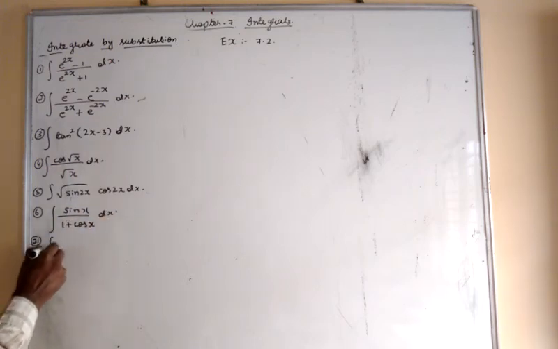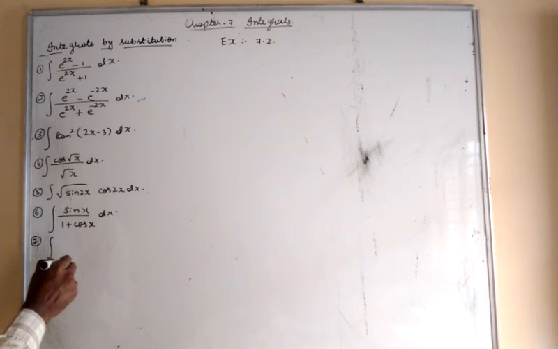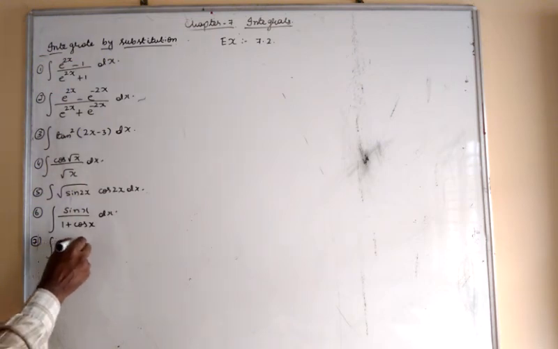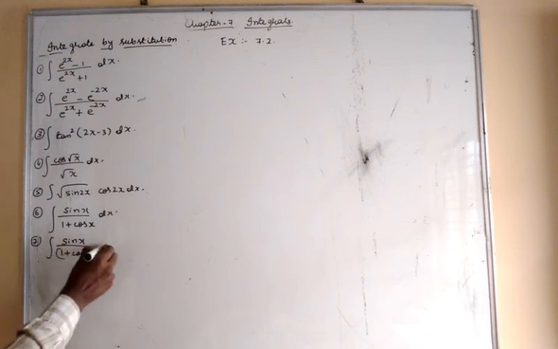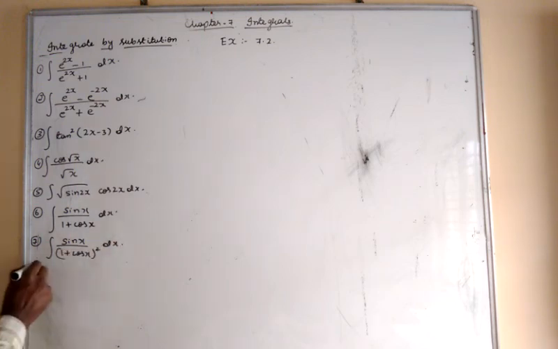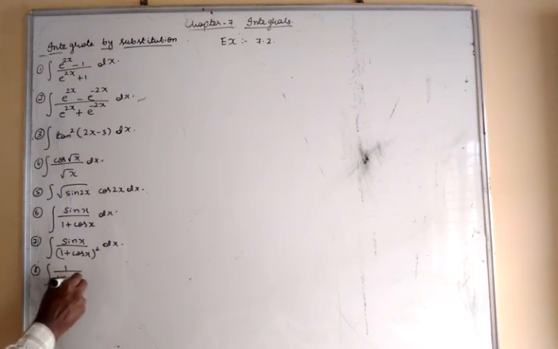Next, seventh one is sin x by (1 plus cos x) whole square dx. The next eighth one is integration of 1 by 1 plus cot x dx.